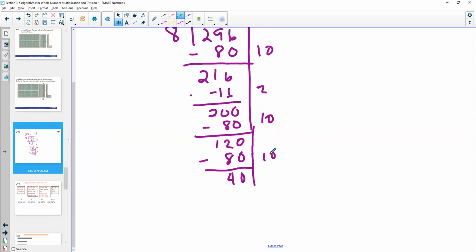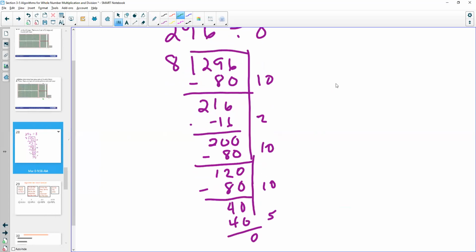I know 8 times 5 is 40. So I'm done. Huh. So what did I use here? 10, 20, 30, 35, 37. So 296 divided by 8 is 37. Okay? This is the process you're going to try. All right, the next method is called short division.